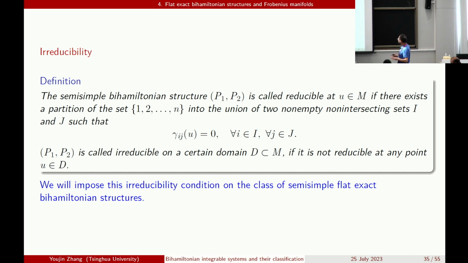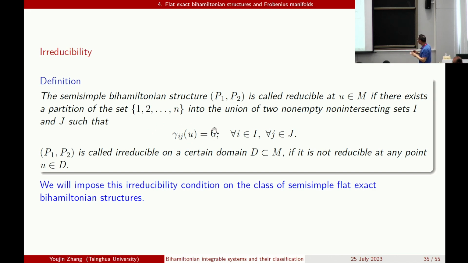Then in order to relate this kind of bihamiltonian structure to the so-called Frobenius manifold structures, we need to impose an additional condition called irreducibility, meaning that this matrix of rotation coefficients cannot be put in block diagonal form after a permutation of the indices u1 to un.